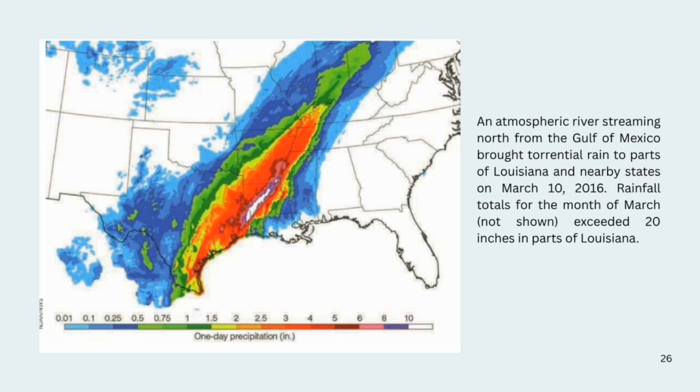Atmospheric rivers also flow north from lower latitudes to strike the central and eastern United States, such as the one that brought 10 to 20 inches of rain and devastating floods to parts of Texas and Louisiana in March 2016.